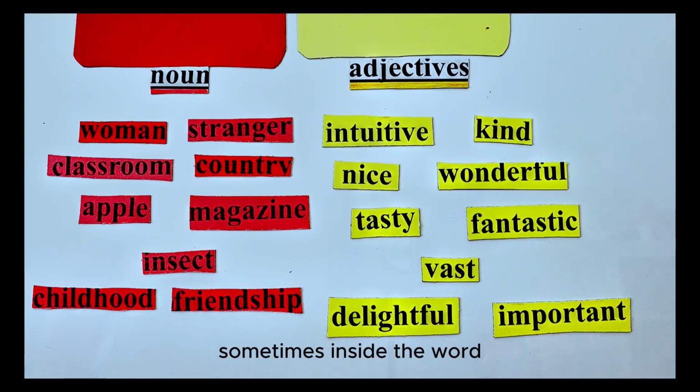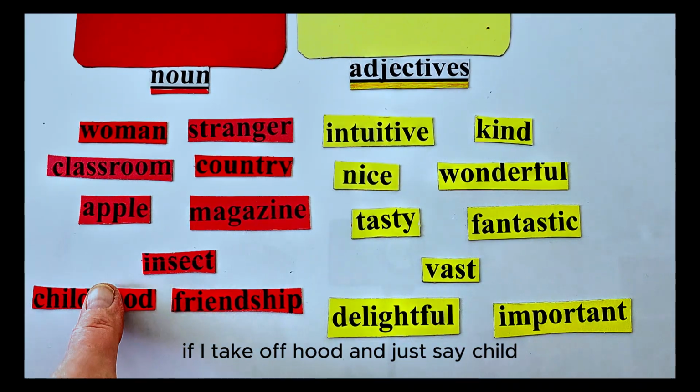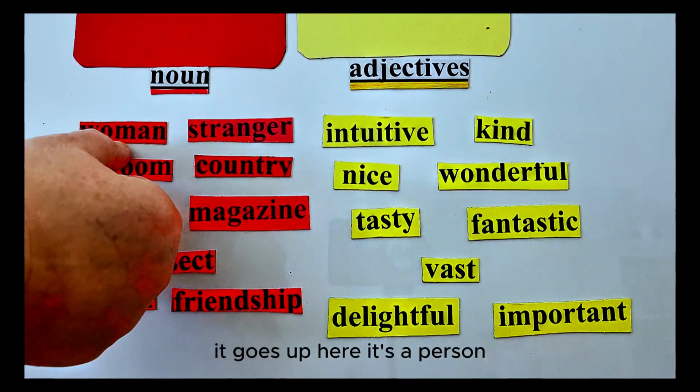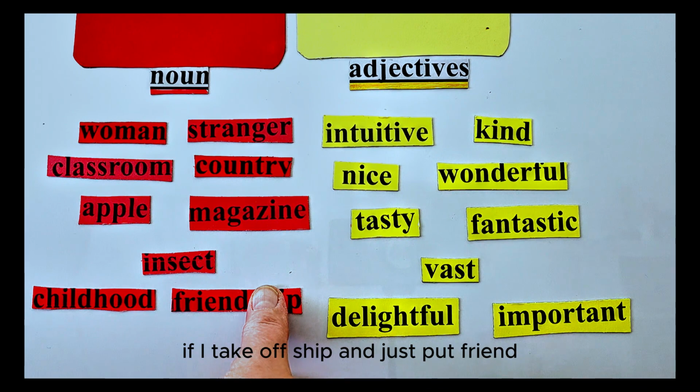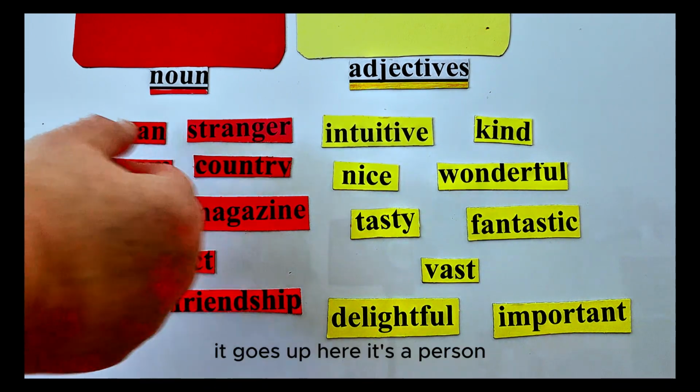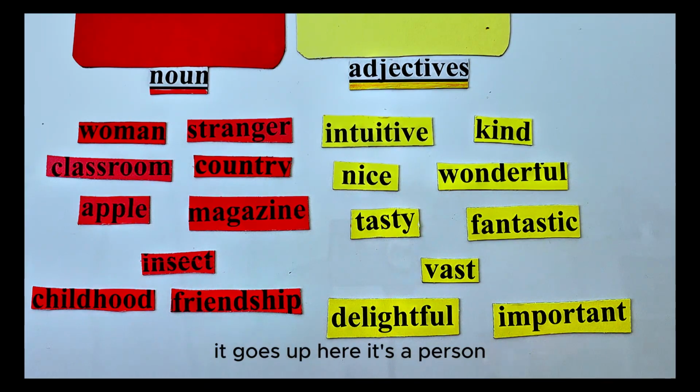Sometimes inside the word, if I take off hood and just say child, it goes up here. It's a person, a child, a little girl, little boy. If I take off ship and just put friend, it goes up here. It's a person.